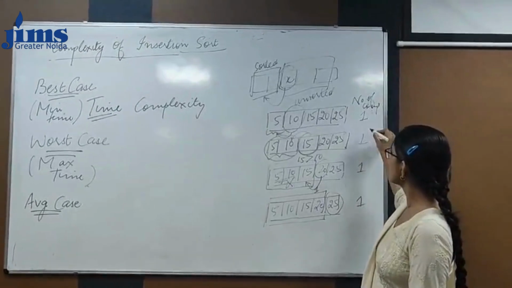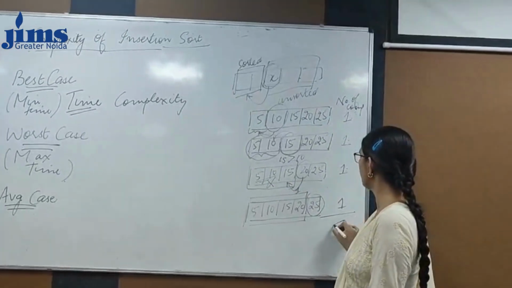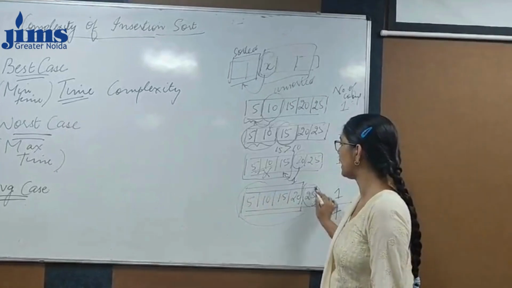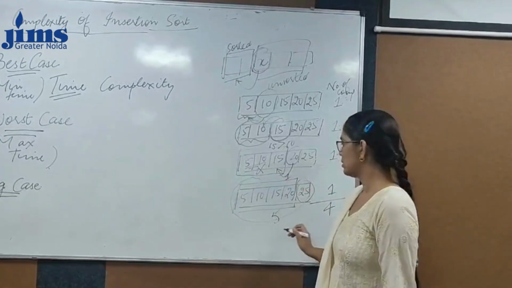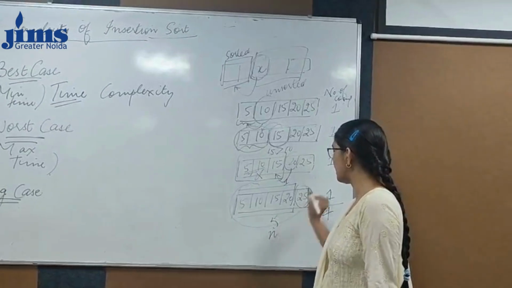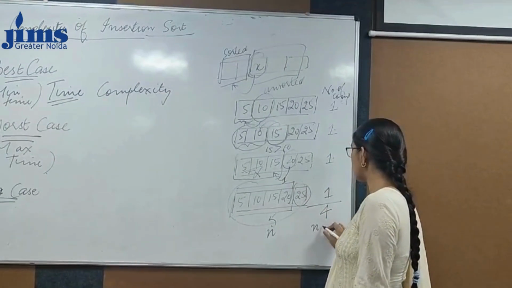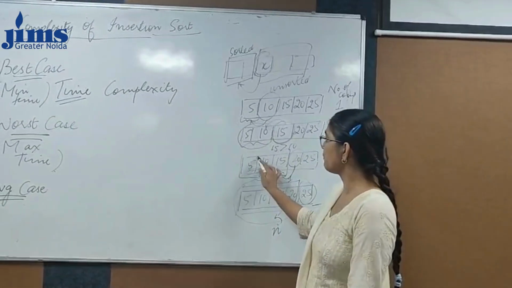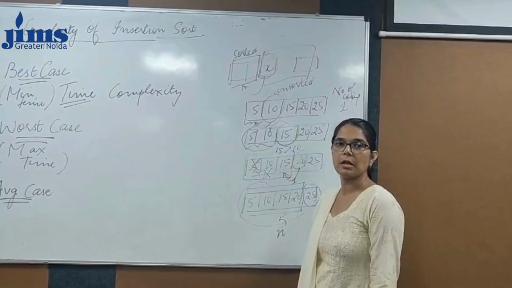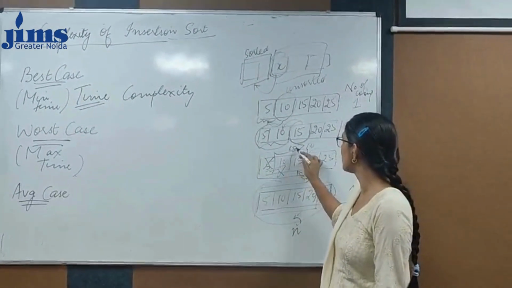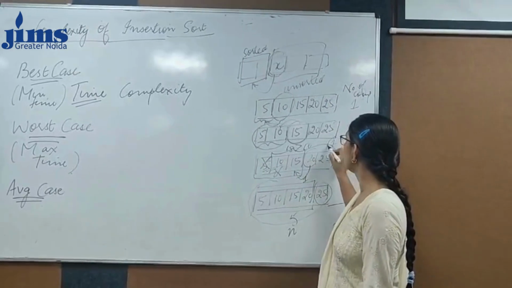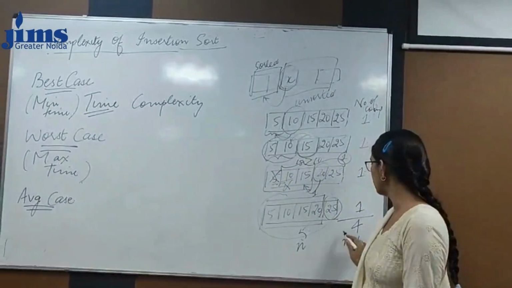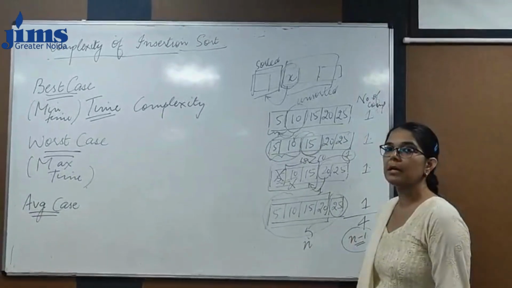So how many comparisons have come into picture? That is 4. The size of the array is 5. So if the array size is n, then the number of comparisons is n minus 1. Why n minus 1? Because for 5, no comparison was there. Only the remaining n minus 1 values each encountered a single comparison, making the total number of comparisons n minus 1.